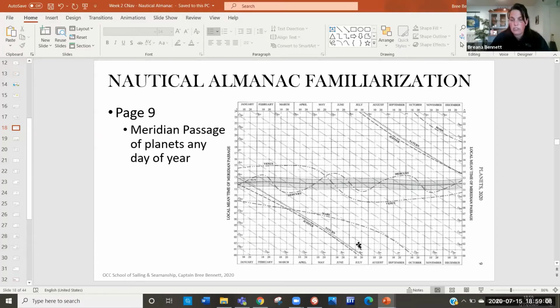Later on in the evening, Mars is going to be gone below the horizon because it rises, peaks out at 0500 and then starts setting. So Mars is going to be like a morning planet, probably not in your evening stars. I guess you could use it in that way. Does that make sense?